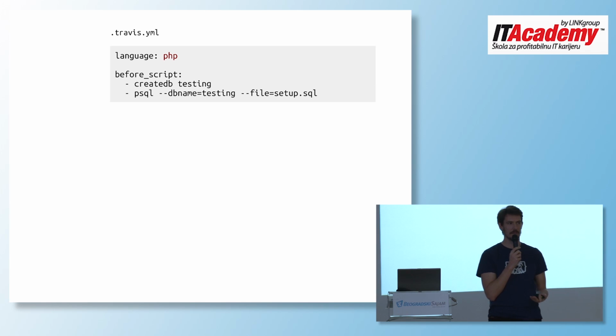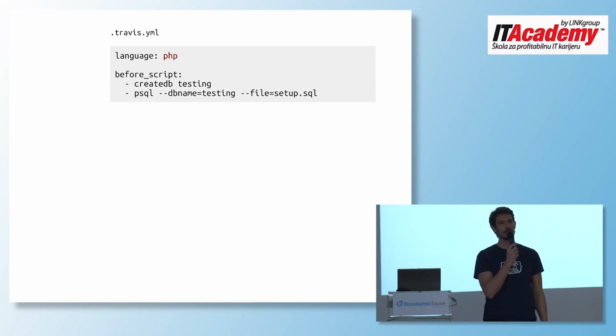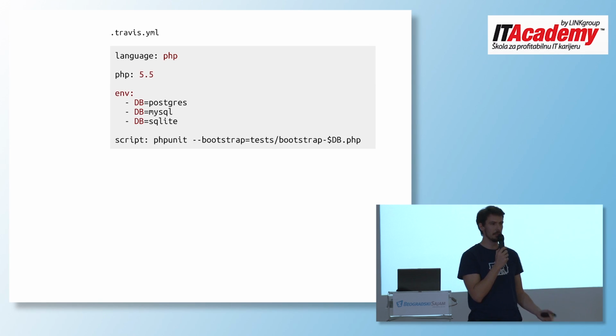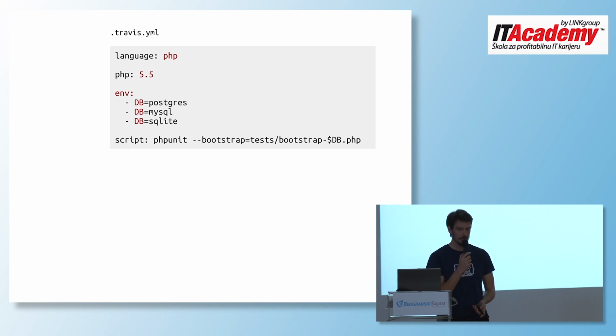Based on this DB variable, in the script, I use it to load different bootstrap files. These different bootstrap files will configure my test to run on one of these 3 databases. They're all present already on Travis's virtual machines, so you don't have to do anything apart from this. They're already running.